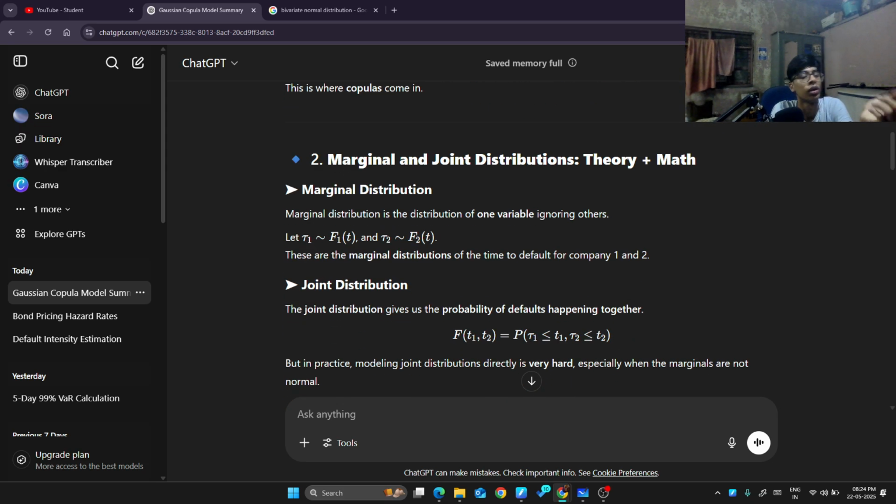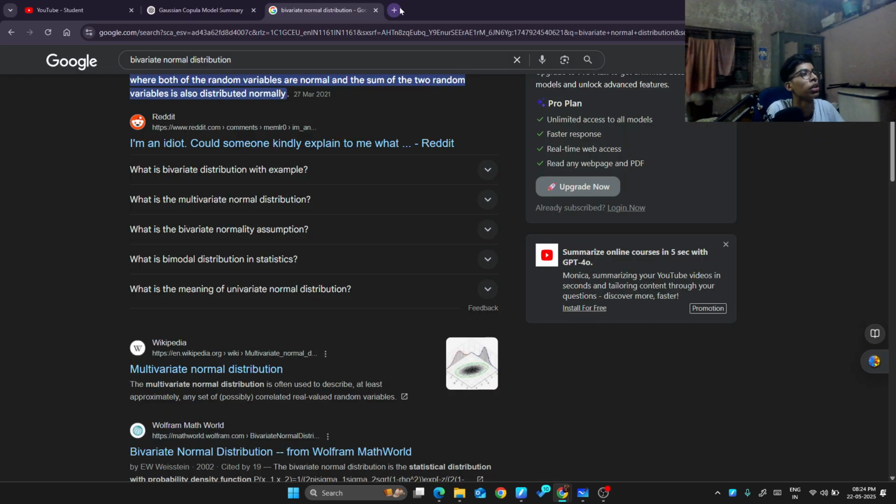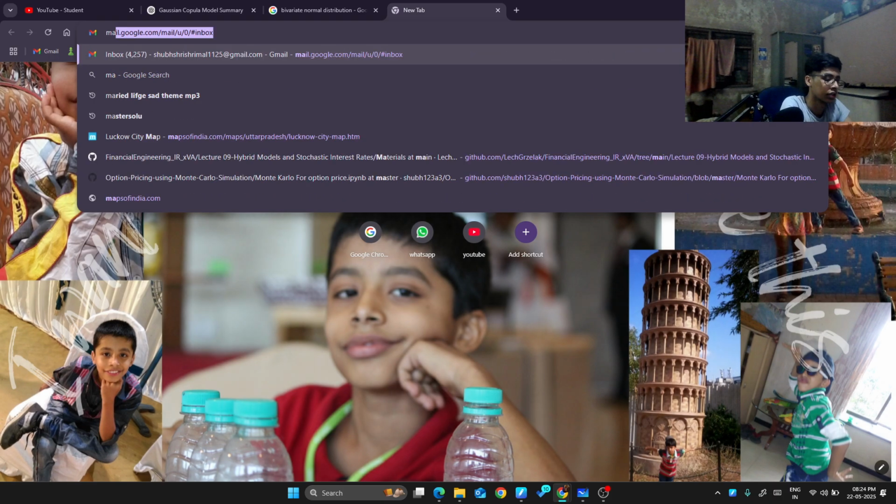Okay, the correlation between company A and company B. We have to find the correlation between them, and we assume that every company has a marginal distribution, that is F_T, and you can see the marginal distribution like this.